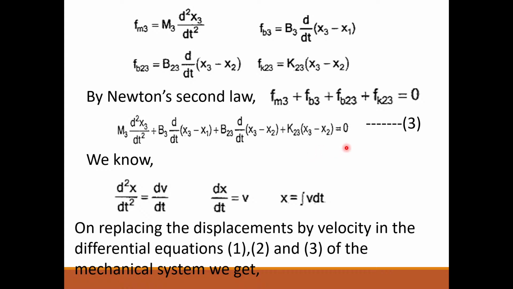So now to get these similar equations, first of all, we already know the displacement and velocity relation: dx by dt is equal to v. So if dx by dt is equal to v, d square x by dt square will be dv by dt, and x will be equal to integral of v dt.